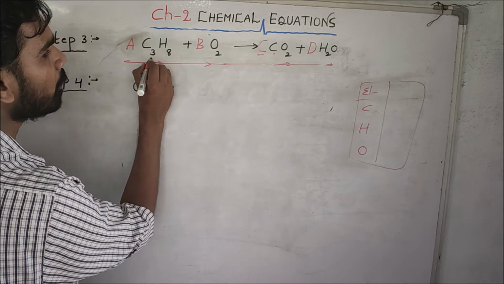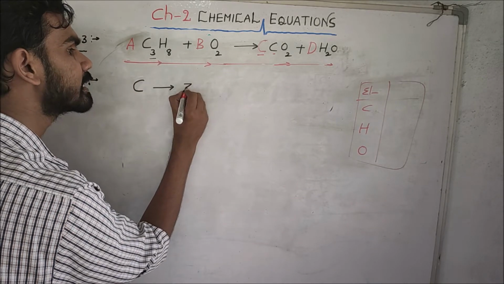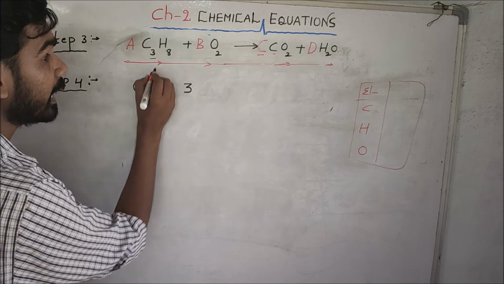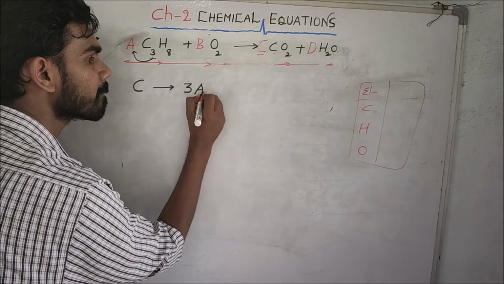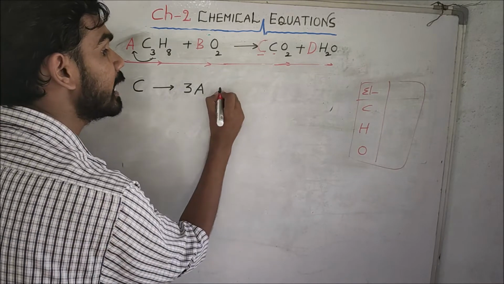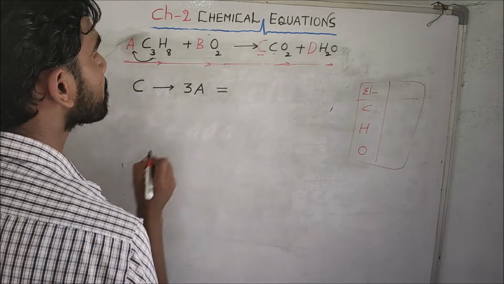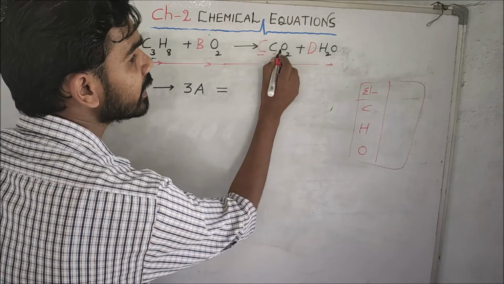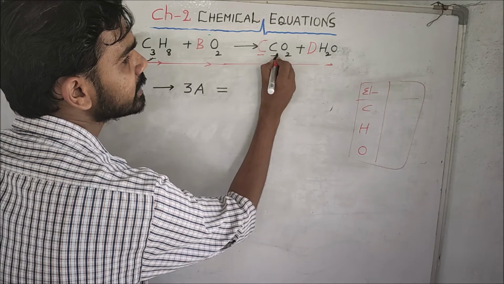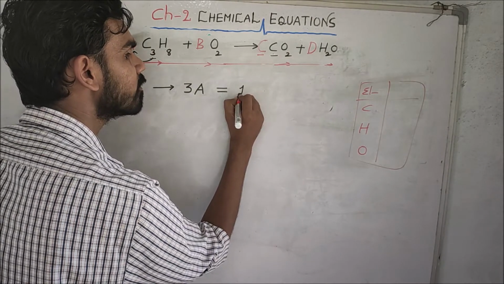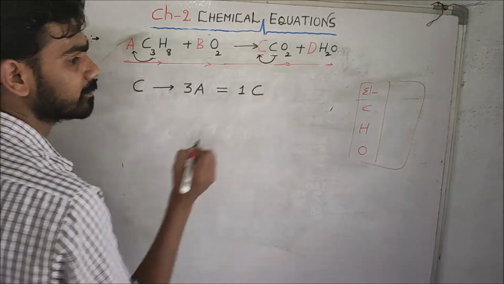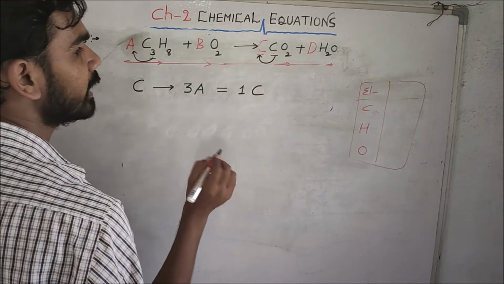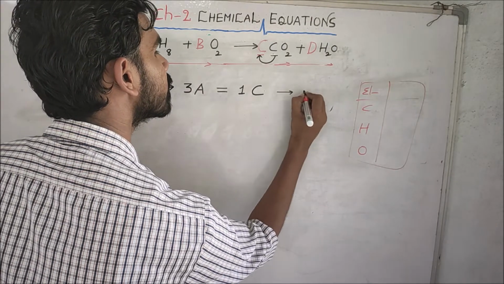On the left hand side, how many carbons are there? 3, in A family. Now it should be equated to carbon on the right hand side. On the right hand side, there is 1, in C family. Let it be equation 1.